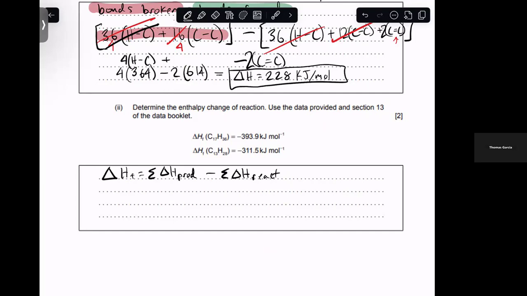So when we do this, we find that delta HF just equals our products being this one down here, and that is going to be negative 311.5 plus 52 times 2.